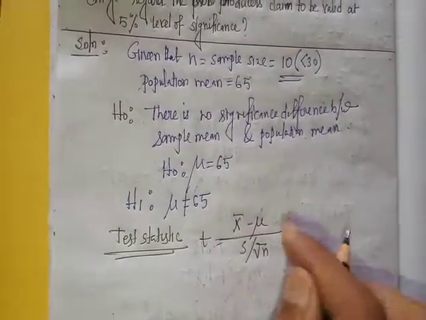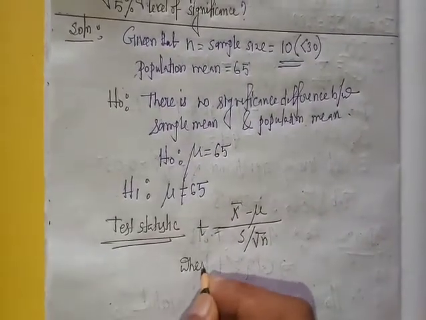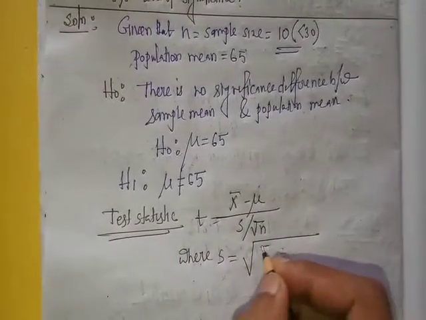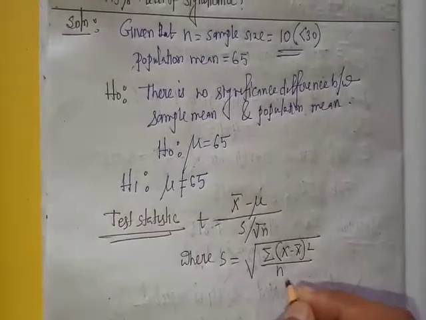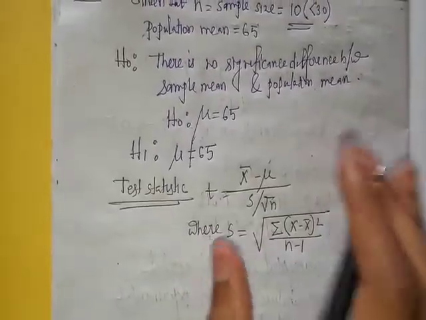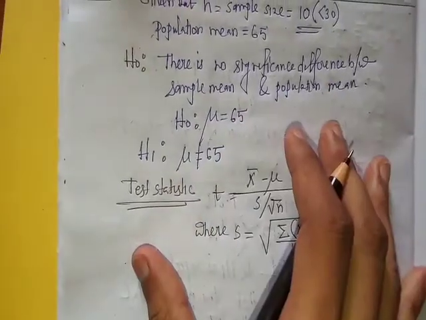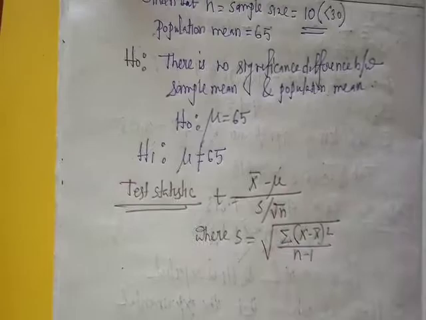This is the formula of standard error of mean, where the formula of s is s equal to root of summation x minus x bar whole square by n minus 1, where n is the sample size. Now we will construct a table for calculation of the value of x bar and s.